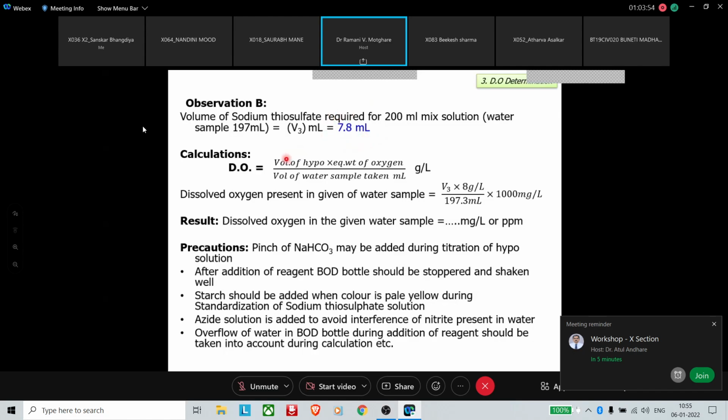Okay, so the calculation part will be: dissolved oxygen equals volume of sodium thiosulfate solution into the normality, into the equivalent weight of oxygen, that is 8, by the volume of water sample taken. Okay, so here the volume of hypo solution is the normality of hypo. Wait a minute.